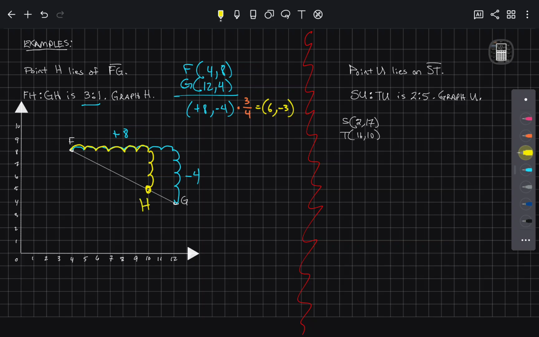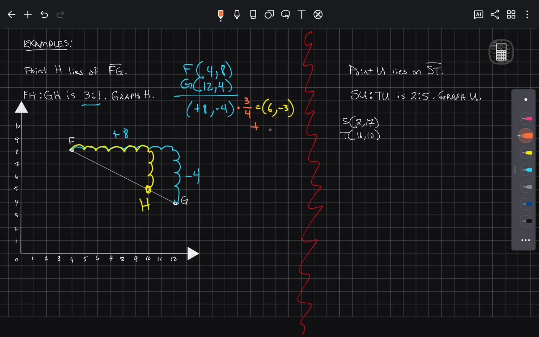Now let's go the mathematical route without using the picture to see if we can get this done. So now that we know that we're going to have to adjust by going 3/4 of the distance, we're going to have to go right 6 and down 3 from where the starting point is. That starting point was at 4, 8.